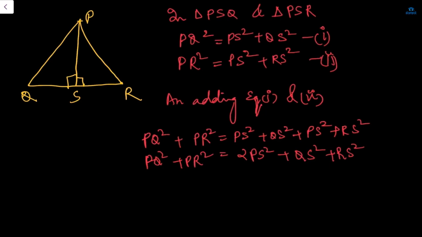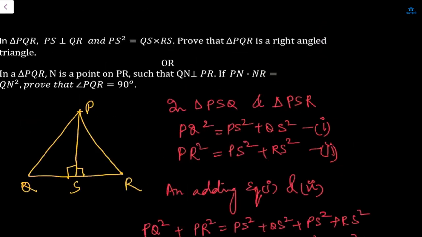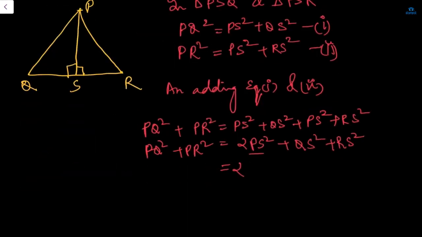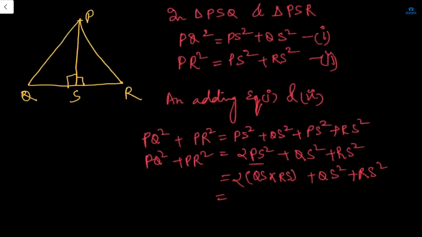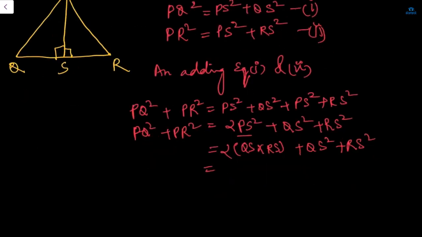Here PS square you can write as QS into RS. So QS into RS whole square plus QS square plus RS square. Now this is A square plus B square plus 2AB, the formula.